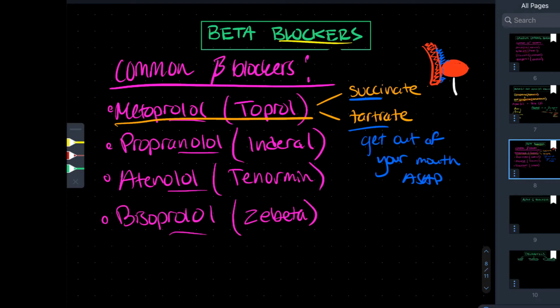So you suck on a lollipop for a long time. And then tartrate, you don't like something tart in your mouth, so you want to get it out. So it's short, it's not in there for long. So this is really useful. I always think, oh yeah, I suck on a lollipop for a long time, it's slow.